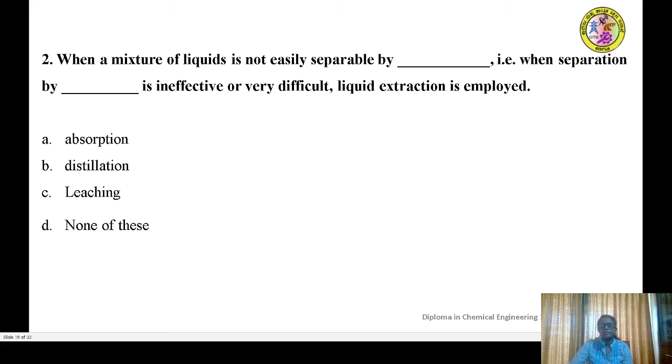Think among yourself before I give you the right answer. Okay, I hope all of you guessed the right answer. It is distillation. Whenever a liquid mixture is there for separation, the first choice is always distillation. And if distillation is ineffective or very difficult, then extraction is used. So the answer is B.